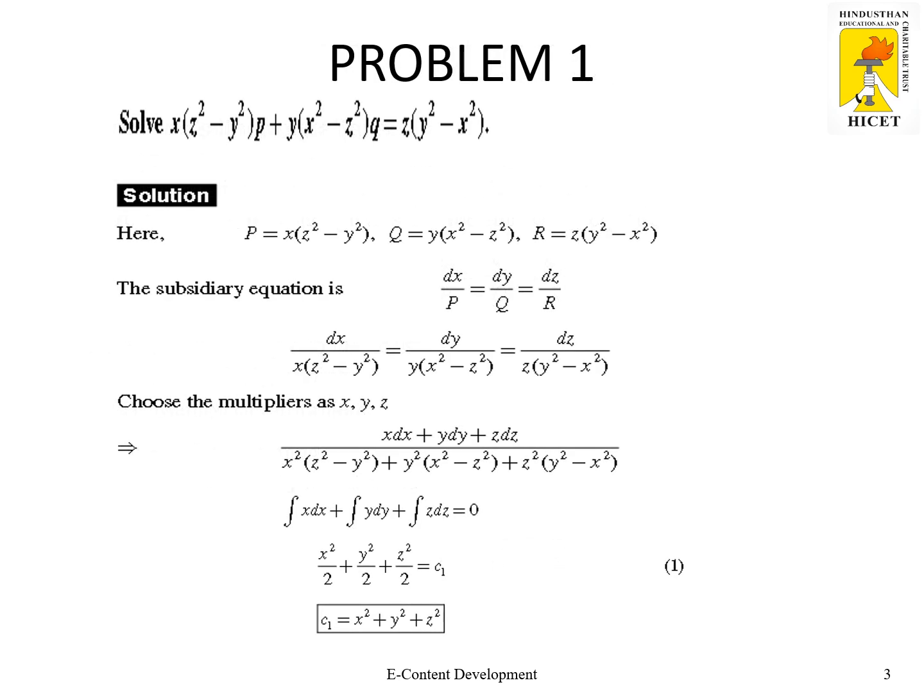So let us take one problem, and here we are going to use a multiplier method to solve the Lagrange's linear equation. So we are taking the problem x into z square minus y square of p plus y into x square minus z square into q equal to z into y square minus x square.